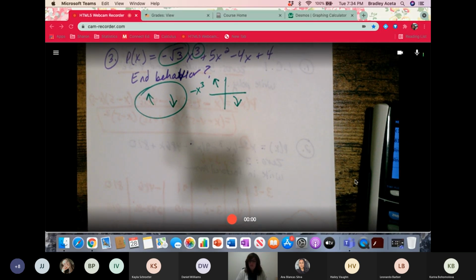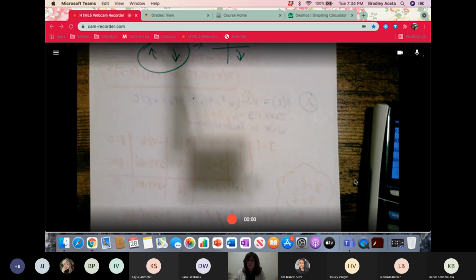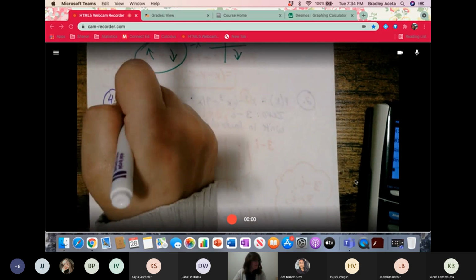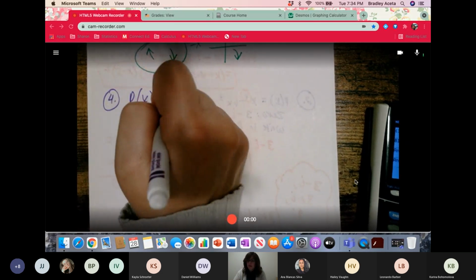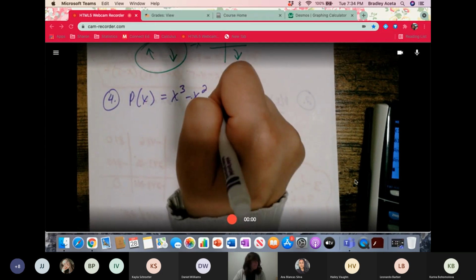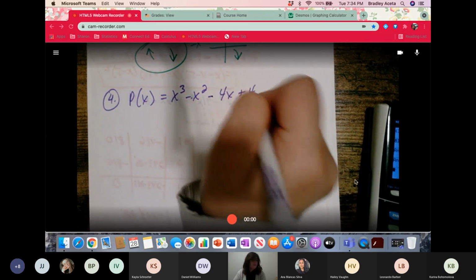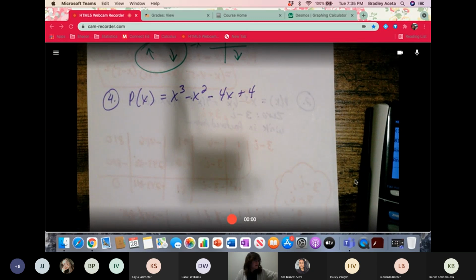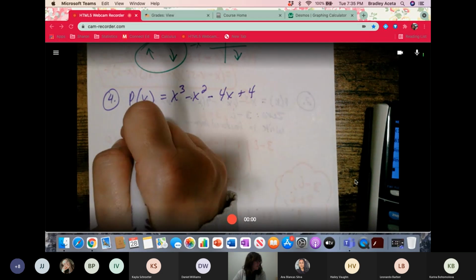All right, and then the 4th one is they give you a polynomial. I think they even factor it for you because I wrote it in factored form.